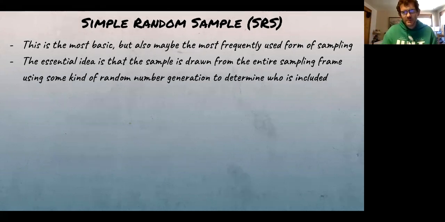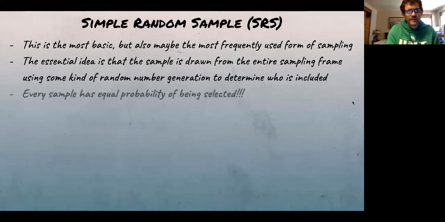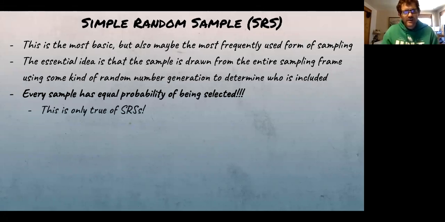I want to draw 100 people from the population of Flagstaff. They're all numbered. I get 100. There it is. That's my sample. Okay, so kind of a straightforward idea. Here's the thing, and this is only true of simple random samples. Every sample has an equal probability of being selected.